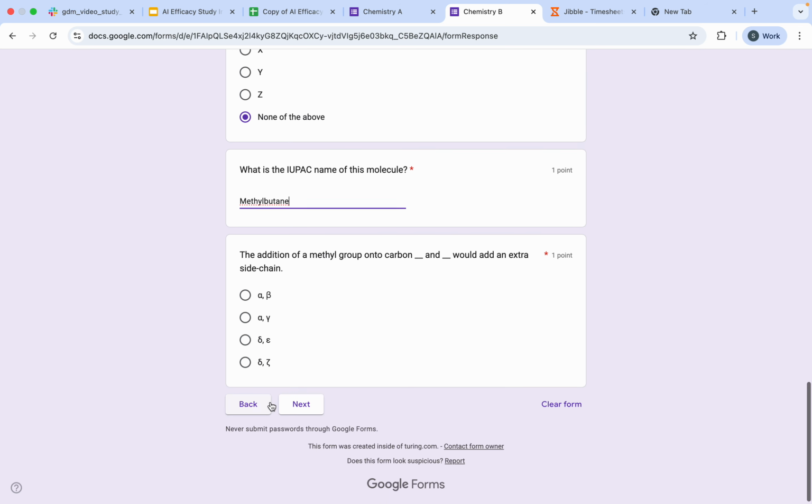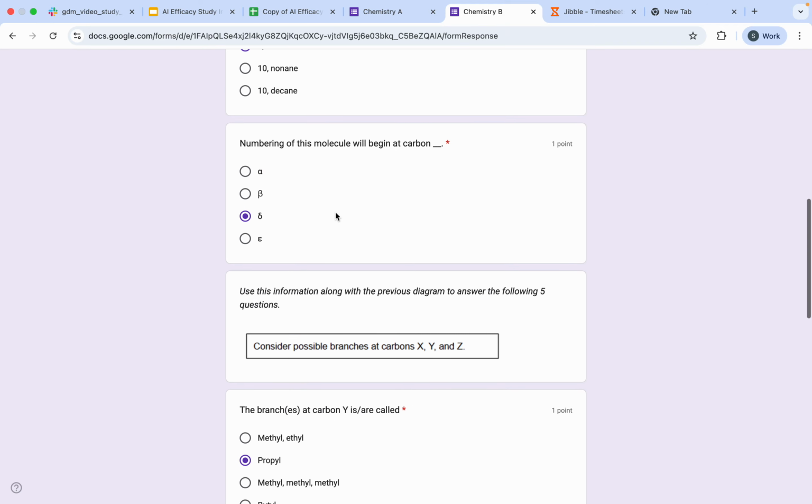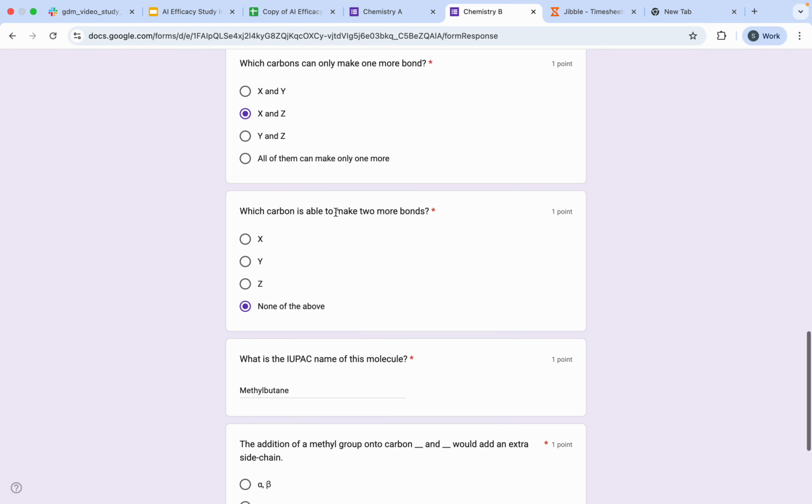The addition of a methyl group onto carbon dash and dash would add an extra side chain. So it is, let's see the options: alpha, beta; alpha, gamma; alpha, delta; epsilon, delta. So let's check the image once again. First option is alpha and beta.